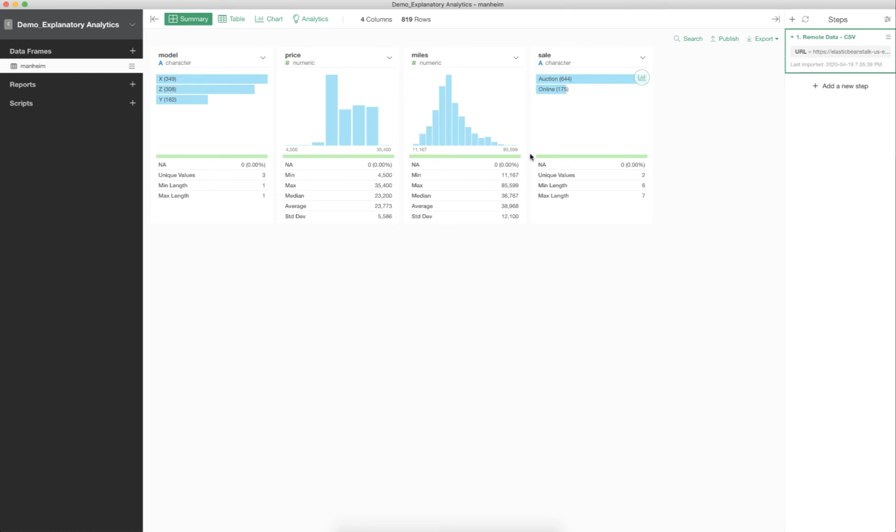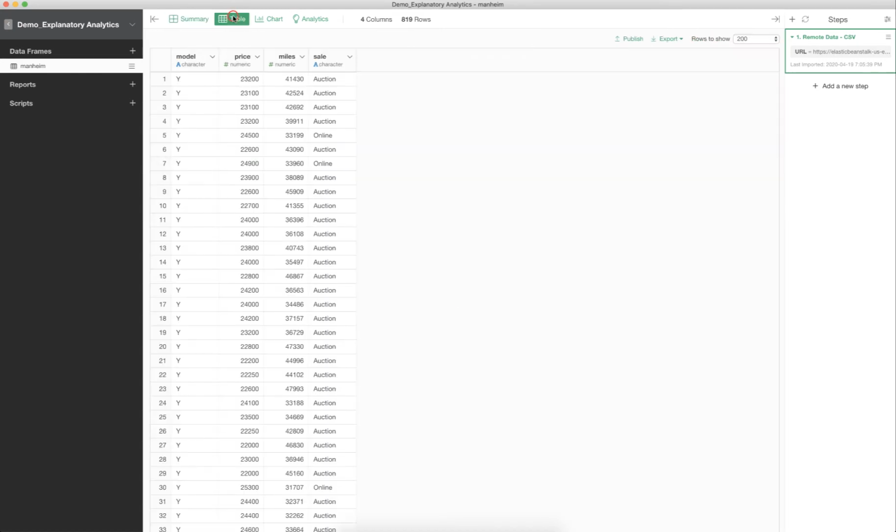Obviously, price is expressed in dollars. We see the mileage of the cars, and we see sale, or the type of sale, which is at auction or online. Subsequently, our raw data looks like this, where we have the model, the price, the miles, and the sale of the car, and how the car was sold.